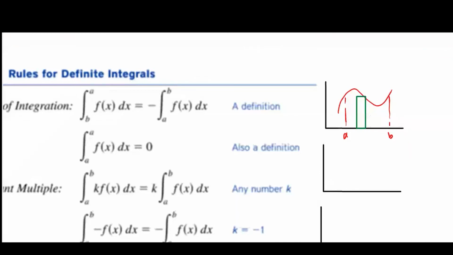This is f of x asterisk here, and this is delta x right here, isn't it? And delta x was b minus a over n. But if you do it backward from b to a, then it's a minus b over n. Then you see that each delta x becomes a negative value. So each of these areas becomes negative now, doesn't it? Do you see that makes sense? It's the other way.